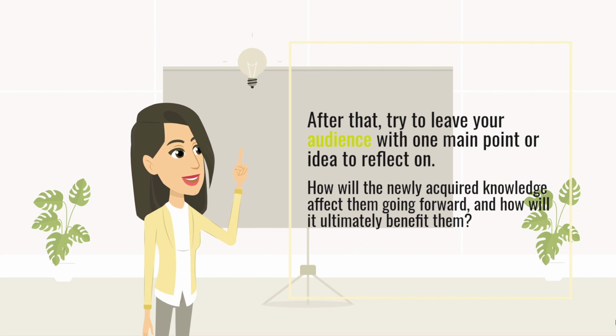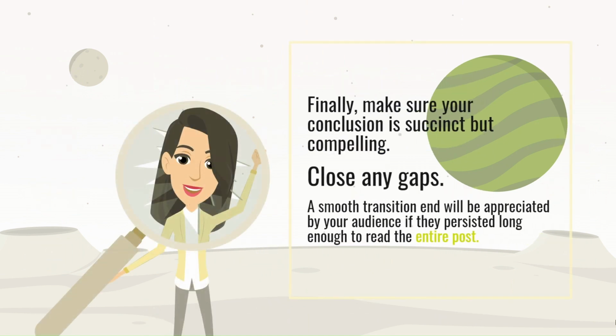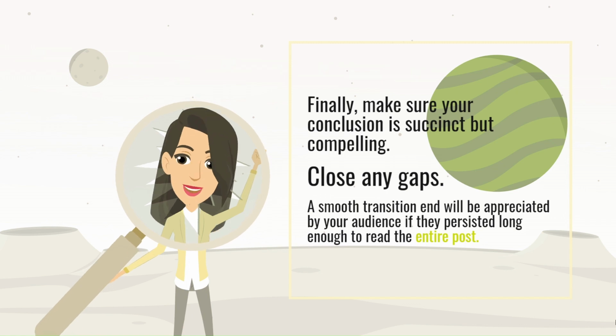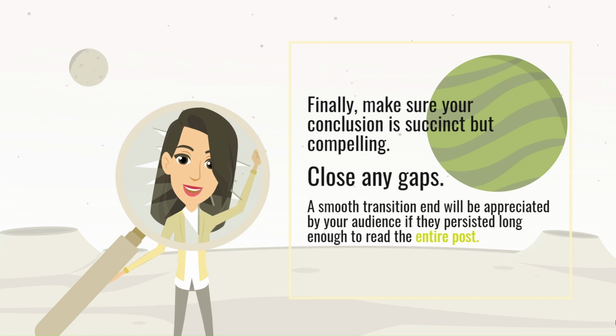After that, try to leave your audience with one main point or idea to reflect on. How will the newly acquired knowledge affect them going forward, and how will it ultimately benefit them? Finally, make sure your conclusion is succinct but compelling. Close any gaps. A smooth transition end will be appreciated by your audience if they persisted long enough to read the entire post.